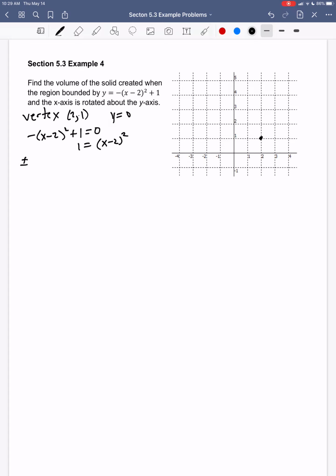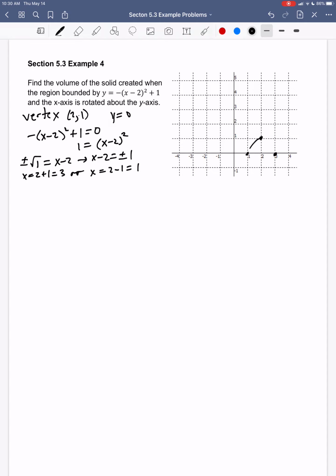So plus or minus 1, square root of 1 would be x minus 2. That tells me that x minus 2 is plus or minus 1. So x is either 2 plus 1, which is 3, or x equals 2 minus 1, which is 1. So we get (1, 0) and (3, 0).